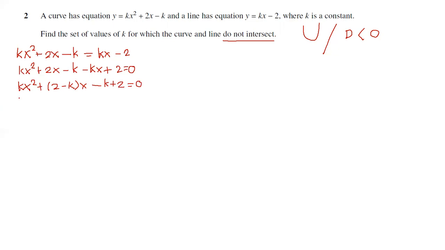So a equals k, b equals 2 minus k, and c equals negative k plus 2.